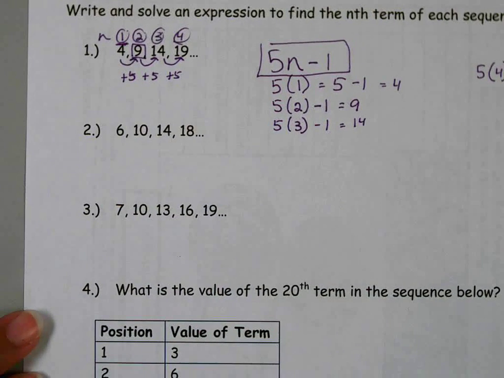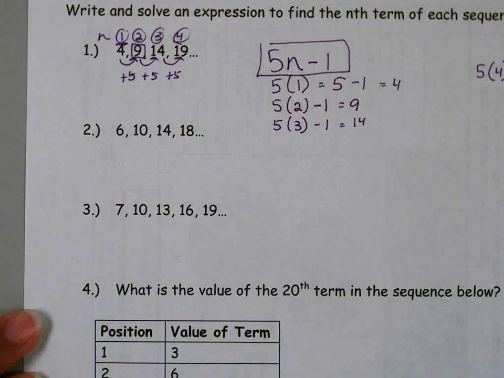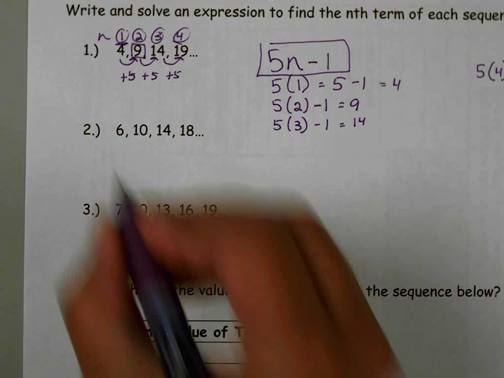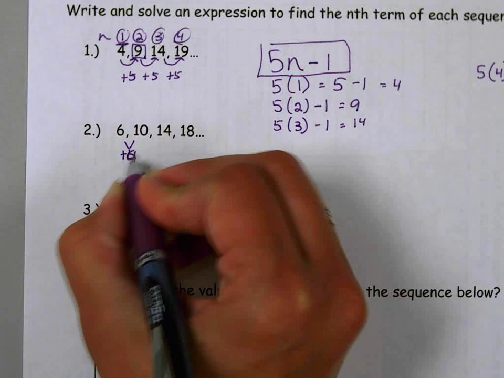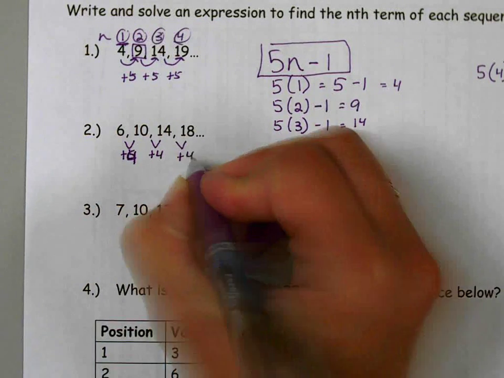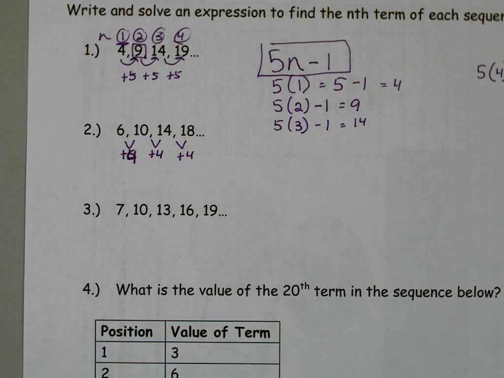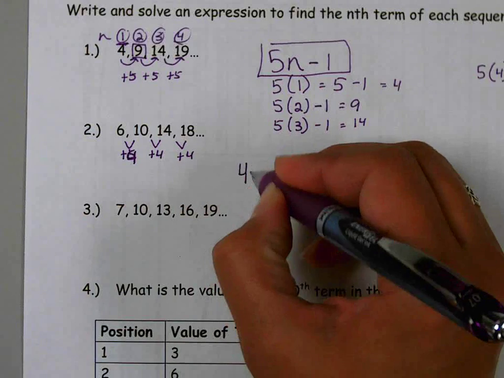Okay, let's look at number 2. We have 6, 10, 14, 18. First thing we're going to do, find the common difference. The common difference here is 4, adding 4. So every time I'm adding 4. Second thing we do is we multiply the common difference times n.